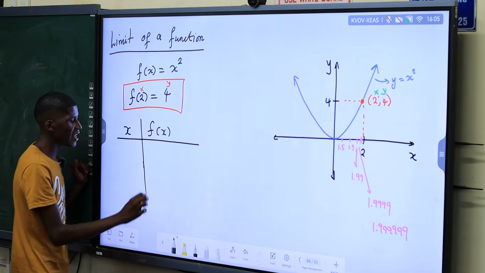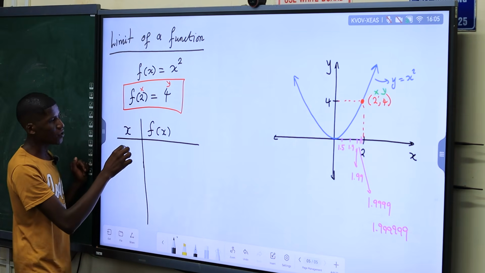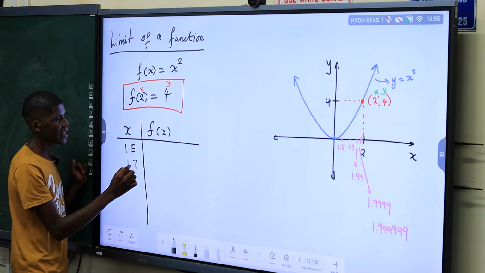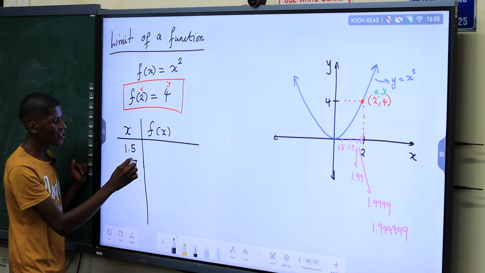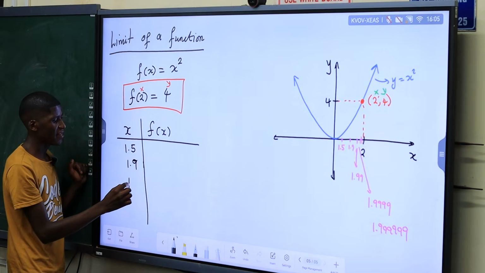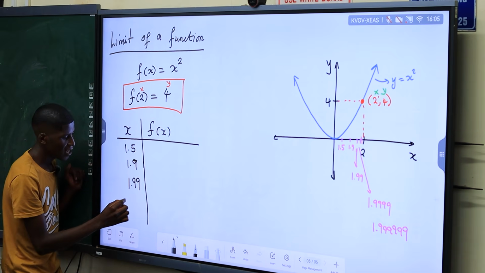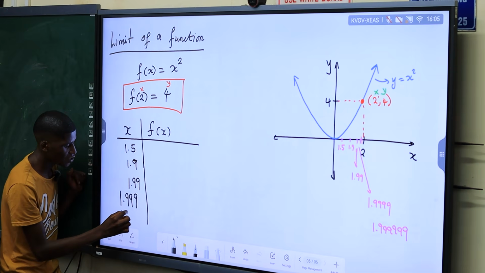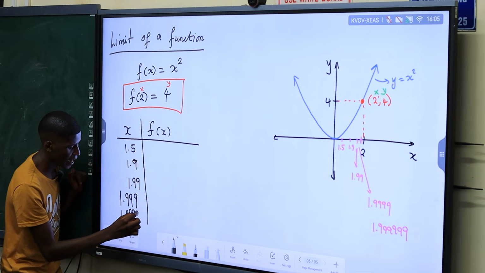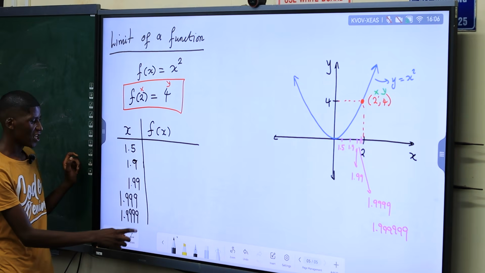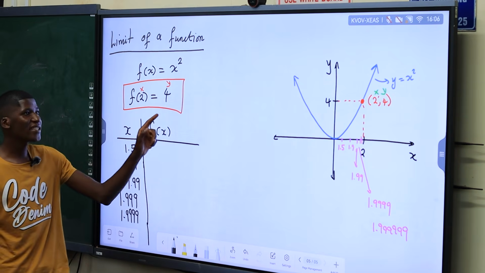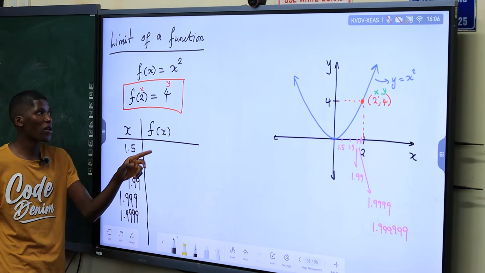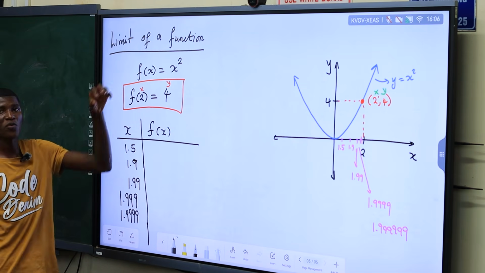I'm going to start with x is equal to 1.5, then 1.7, then 1.9, then 1.99, then 1.999, and the last one 1.9999. The rule is f of x is equal to x squared, so where there is x, you put in x and then square it.